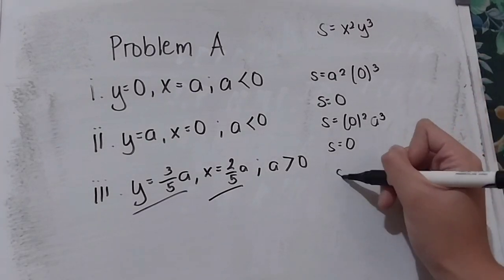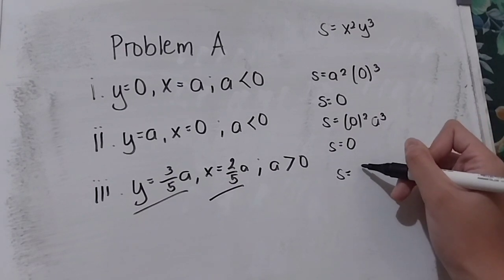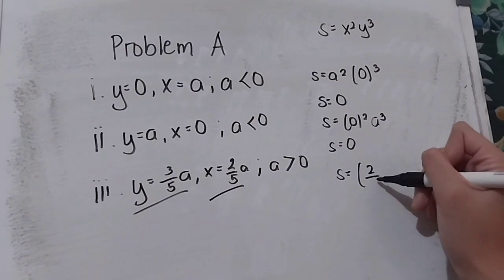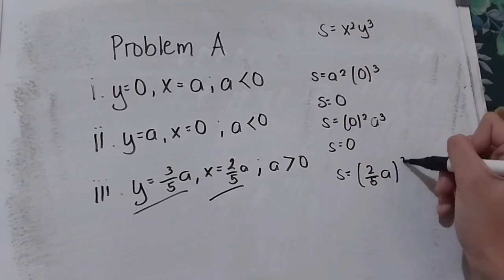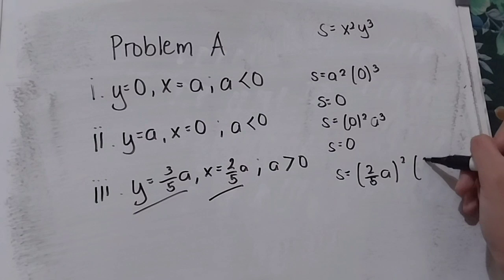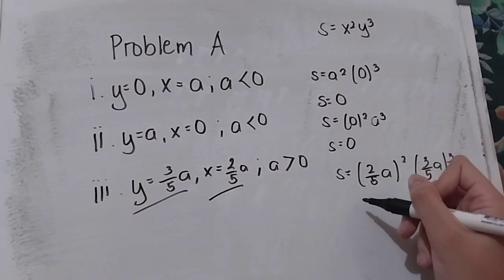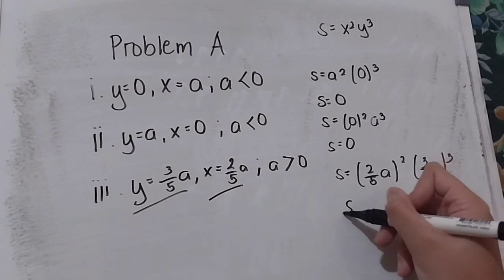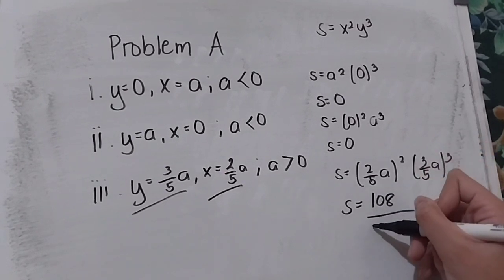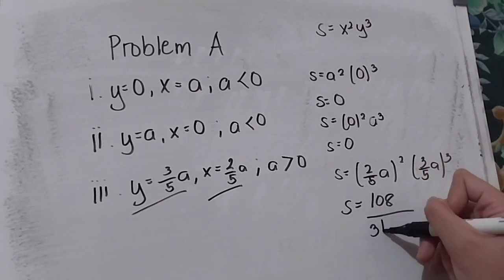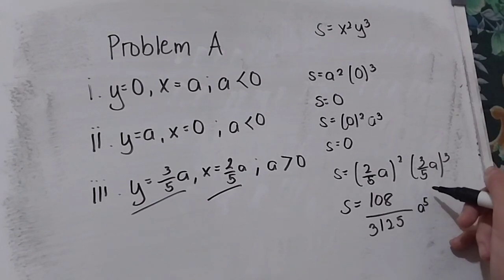So S, we substitute it now to our equation. S is equal to 2 over 5a squared times 3 over 5a cubed, and the final answer would be 108 over 3,125 a raised to 5.